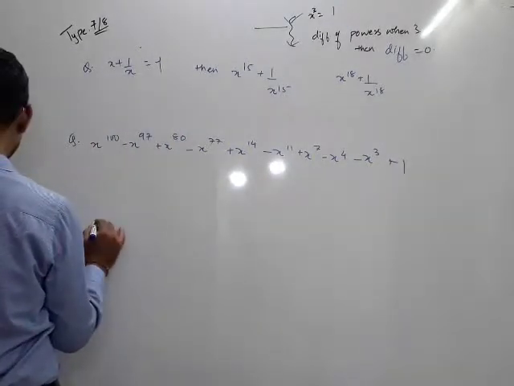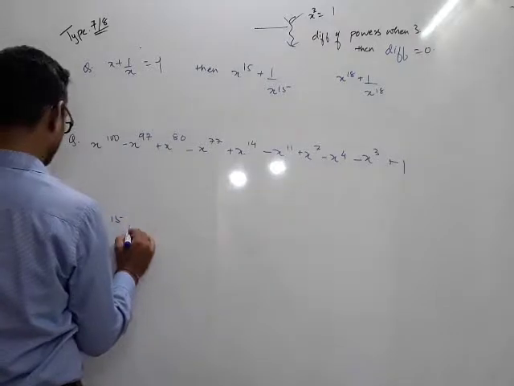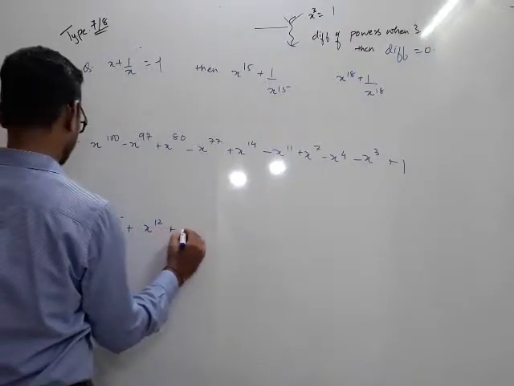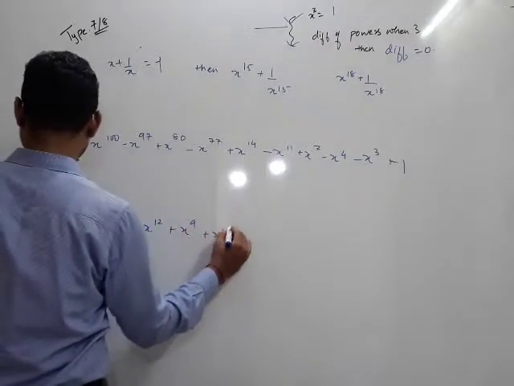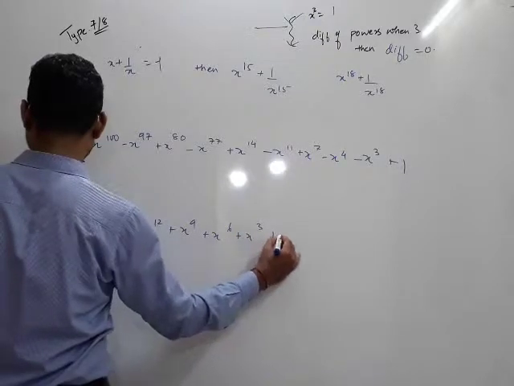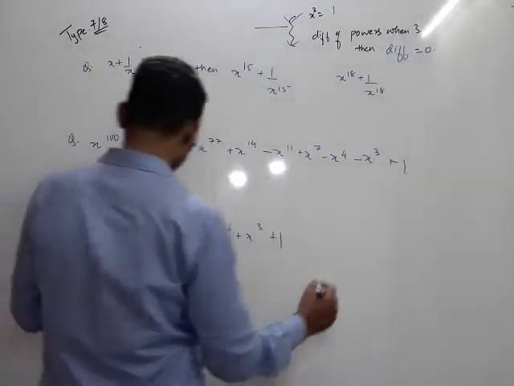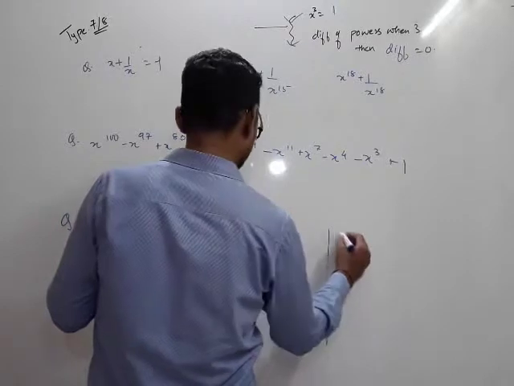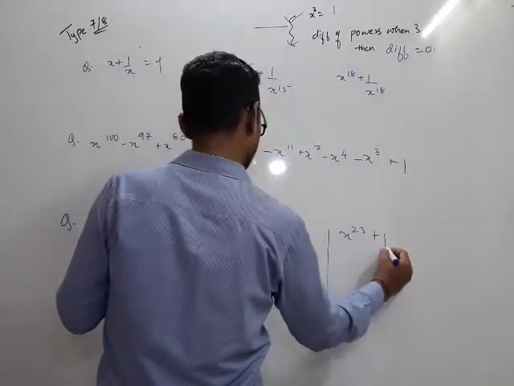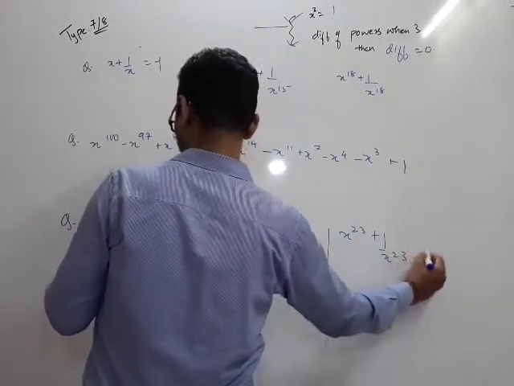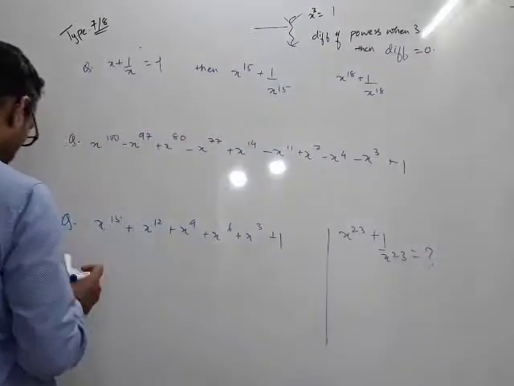Another question: x raised to 15 plus x raised to 12 plus x raised to 9 plus x raised to 6 plus x cube plus 1. And x raised to 23 plus 1 upon x raised to 23 is what?